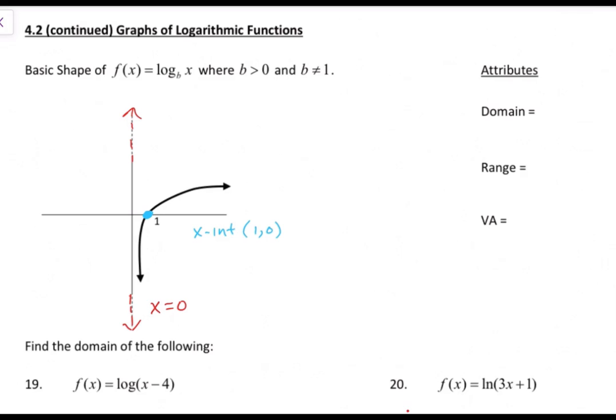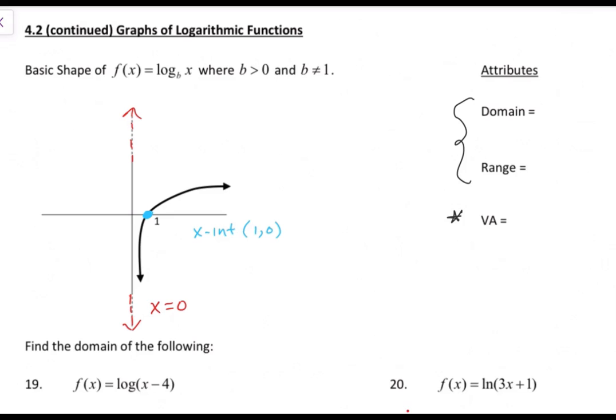Now a couple of other things over here that we want to identify are the domain and the range. I've already talked about the vertical asymptote, so let's talk about the domain. Logarithmic functions are going to be another function that you have to add to your list of functions that may have restrictions on their domains.